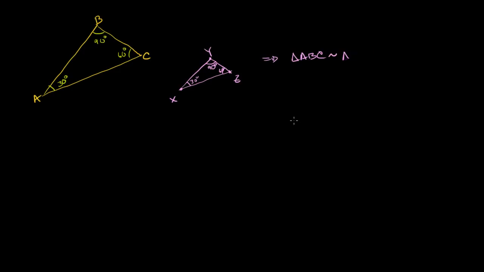If you have three angles. But do you need three angles? If we only knew two of the angles, would that be enough? Well, sure, because if you know two angles for a triangle, you know the third. So for example, if I have another triangle that looks like this, let me draw it like this. And if I told you that only two of the corresponding angles are congruent, so maybe this angle right here is congruent to this angle, and that angle right there is congruent to that angle.